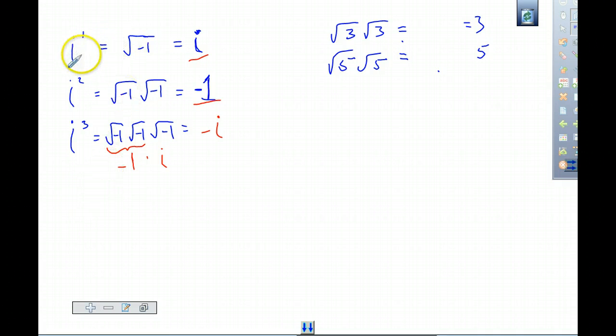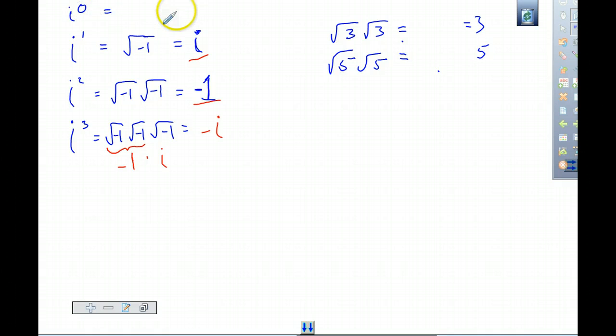So far, take a break for a second. We know i to the first is the square root of negative 1, or i. We know i to the second equals negative 1. We know i to the third equals negative i. And actually, if we went back and said, what is i to the 0?